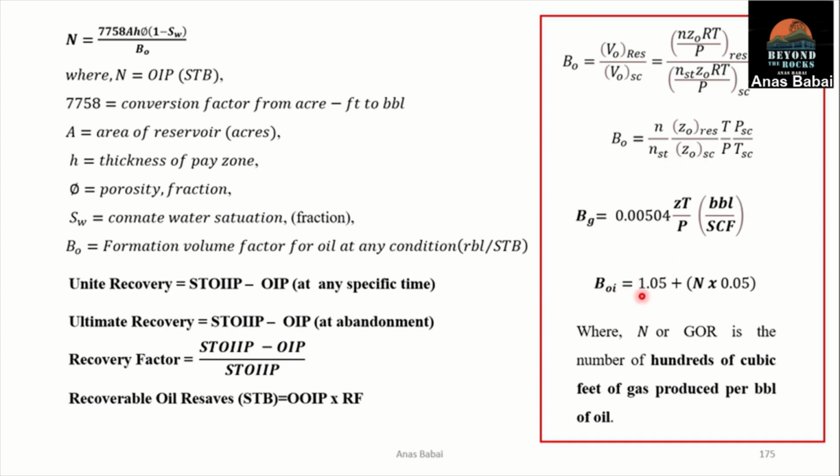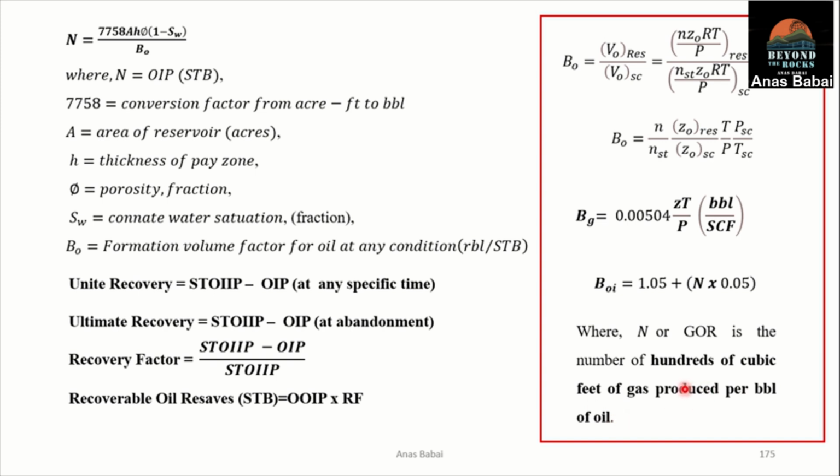The final output of this correlation is 1.05 plus n multiplied by 0.05, and n, or gas oil ratio, is the number of hundreds of cubic feet of gas produced per barrel of oil.